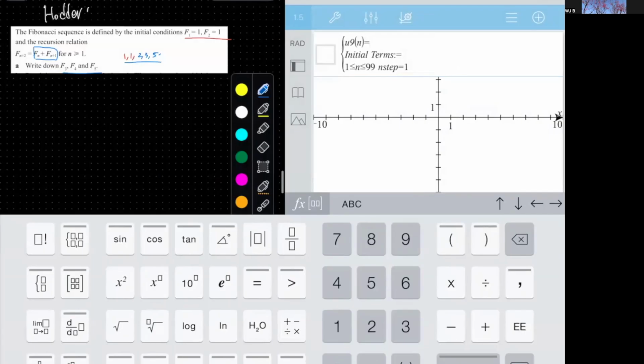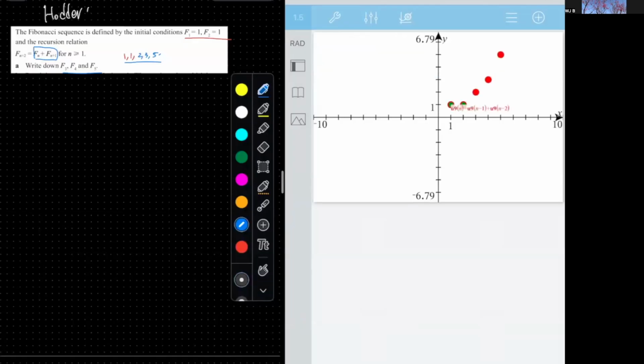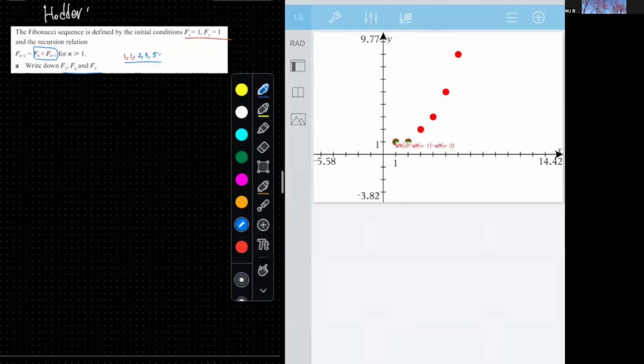The Fibonacci sequence is a recurrence relation depending on the 2 preceding terms. So I'm going to put u9 of n minus 1 plus u9 of n minus 2, right? And I was given the initial terms of 1 and 1, so I have 2 initial conditions in this sequence. Then if I press enter, boom, it's going to display the Fibonacci sequence on the calculator also.